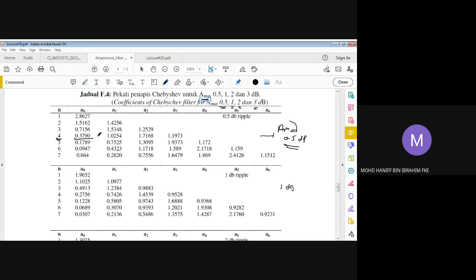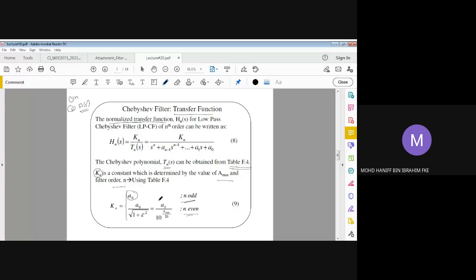These are the Chebyshev polynomial coefficients for the case of n equals 4: A naught, A1, A2, and A3. We are given only 4 values of A max: 0.5 dB, 1 dB, 2 dB, and 3 dB only. Okay, let's proceed with the next slide.